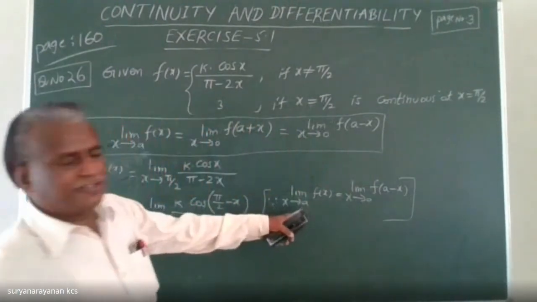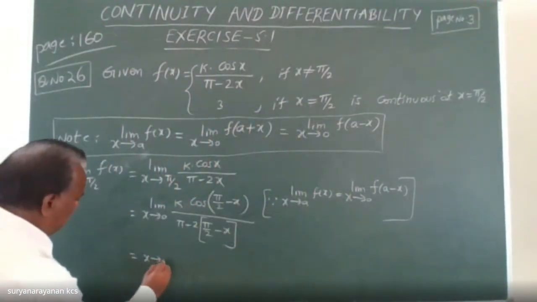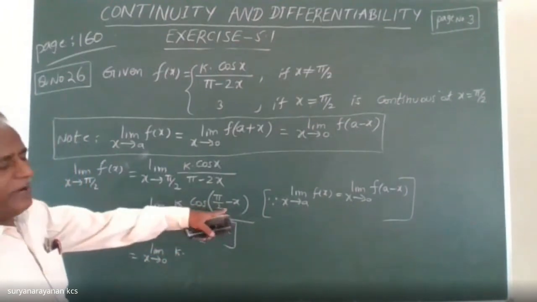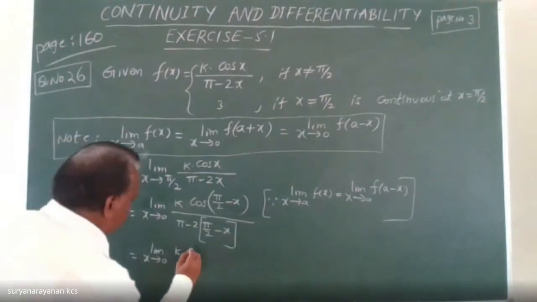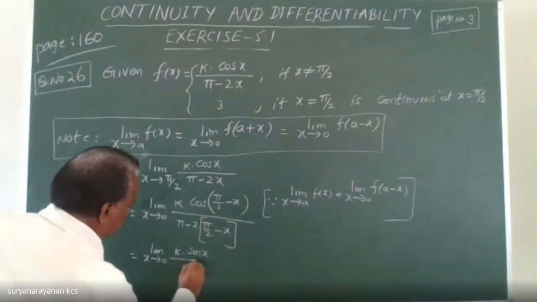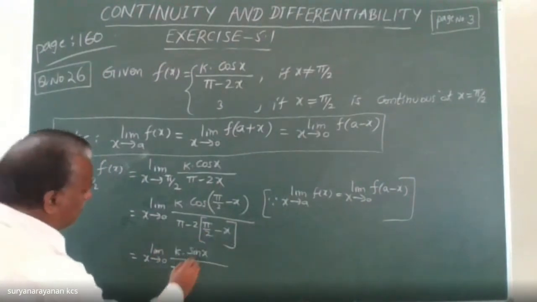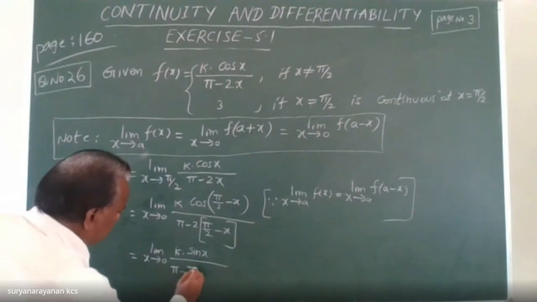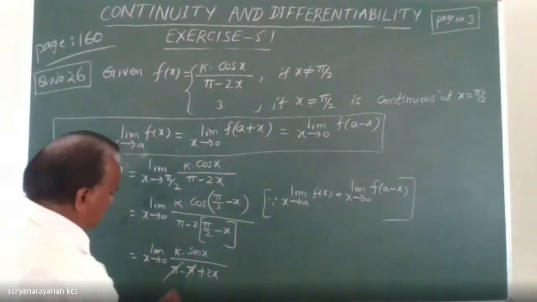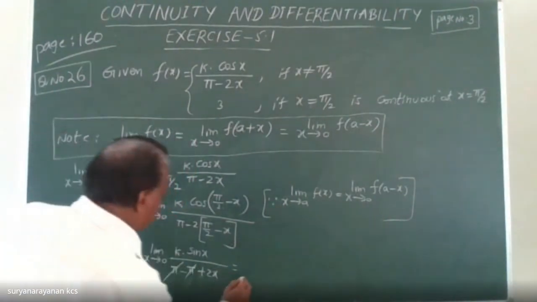So by using this rule, as x tends to 0, limit cos of pi by 2 minus x gives sin x, since cos 90 minus theta is sin theta. Pi multiplied, by the distributive property, minus pi plus 2x. Here plus pi minus pi gets cancelled.